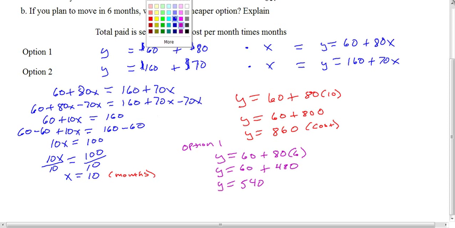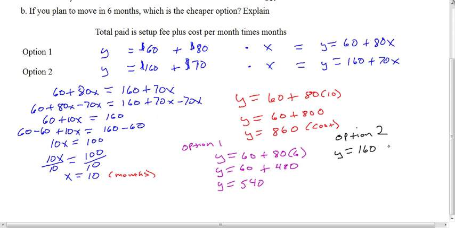Okay, so let's go now and take a look at what it'll cost if we want to use option 2. All right, option 2 tells us that y is equal to 160, that's the setup fee, plus 70, and again, how many months? 6. Okay, so let's go ahead and do the math here.